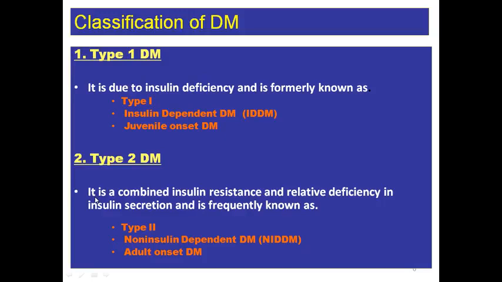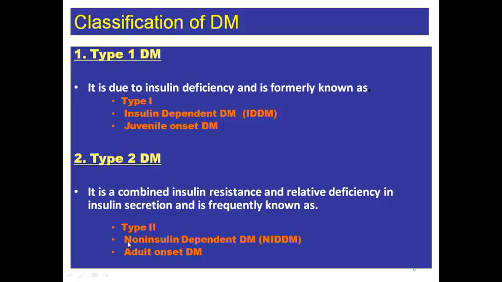Type 2 diabetes is a combination of insulin resistance with relative deficiency in insulin secretion. So there is resistance to the effect of the insulin, followed by the loss of insulin production. So Roman 2 was given to it.